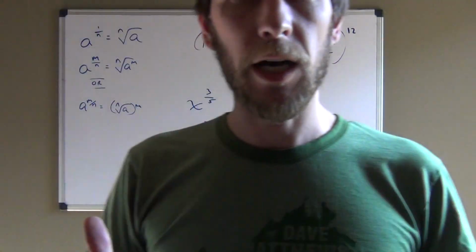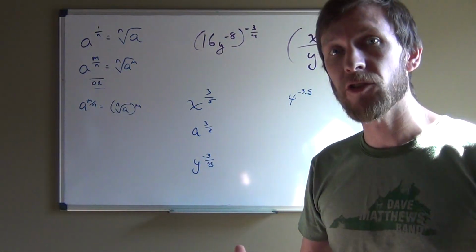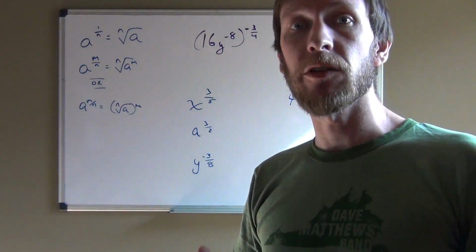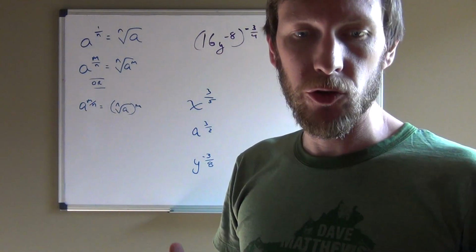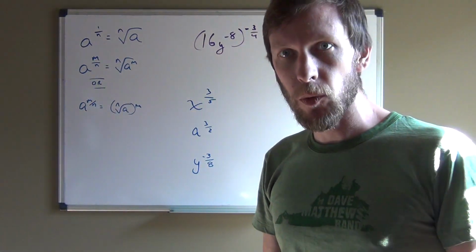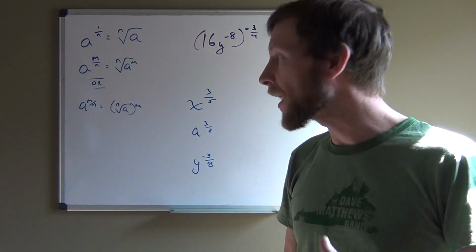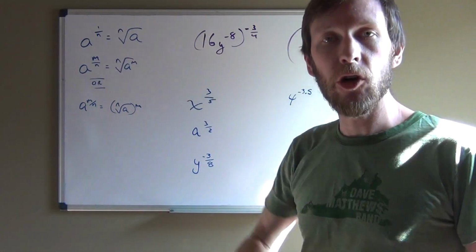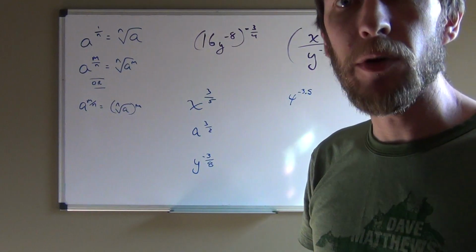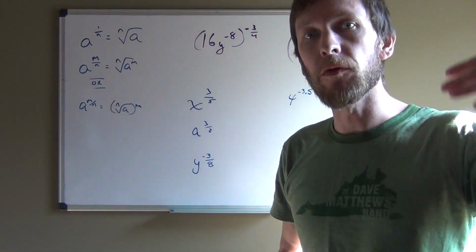But focusing here on section 7.4, we're talking about rational exponents, which means exponents that are fractions or can be expressed as rational numbers. Essentially, we're going to find out that we can write radicals as rational exponents. So the nth root of a can be written as a to the 1 over n power.